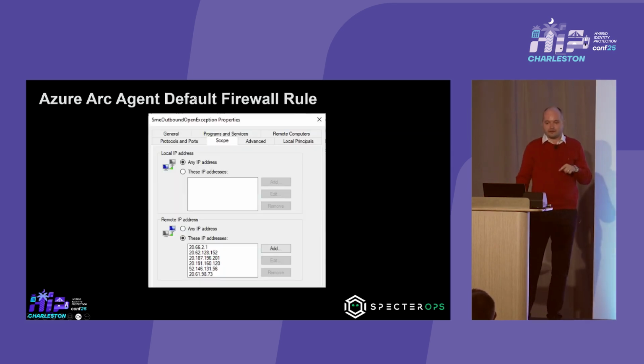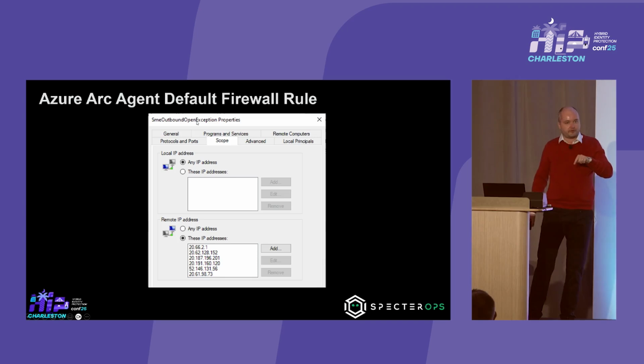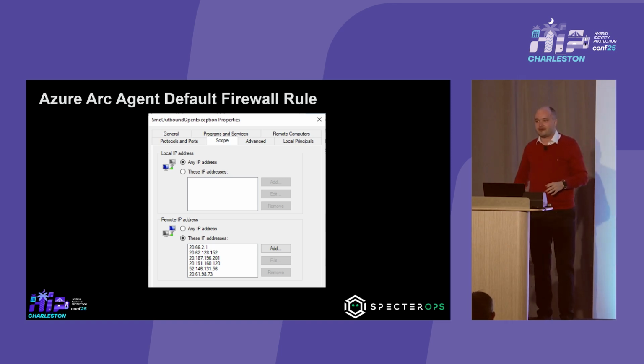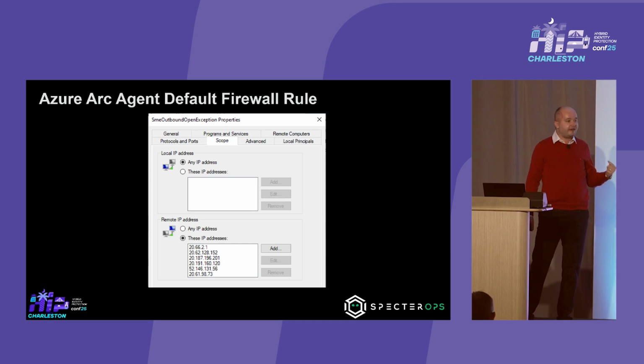By the way, a funny thing about Azure Arc: when you deploy that, it creates a firewall rule called SME outbound open exception. If you try to Google this Azure Arc firewall rule, or Bing it to make the Microsoft guys happy, you will only get one result, which is my own website.